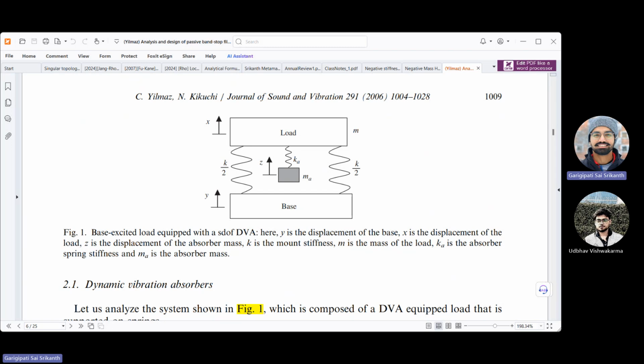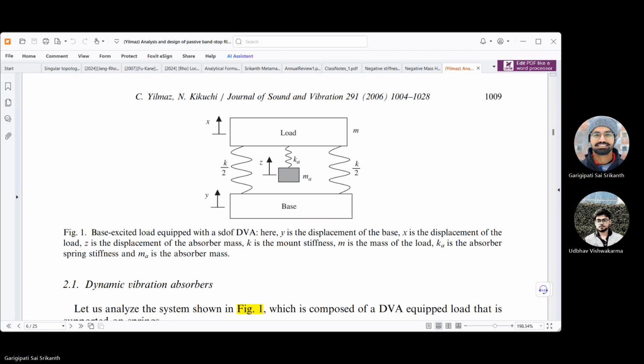If that was not there, that would be a typical one degree of freedom base excited structure. And then we know that there is a resonance frequency, which would be under root small k by small m.